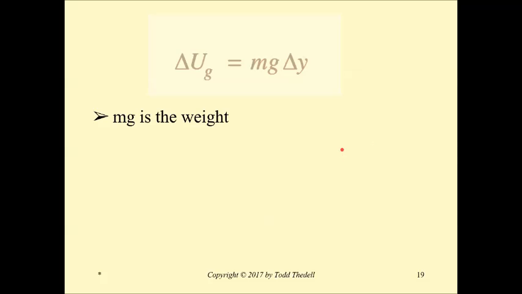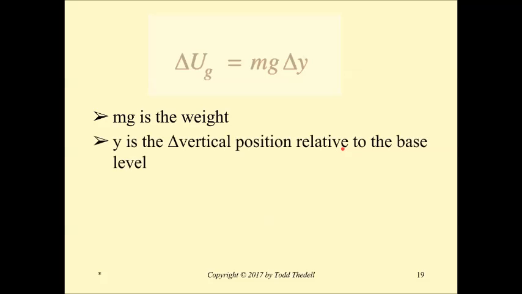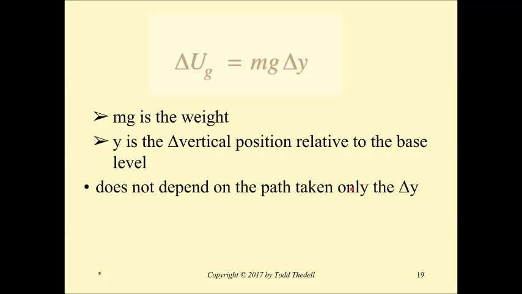Mg, of course, is the weight in newtons, and delta y is, of course, the vertical distance relative to the base level. It doesn't matter about the path that it takes. So if you pick up an object, you're going to measure the vertical distance that it goes to calculate this increase in potential energy.